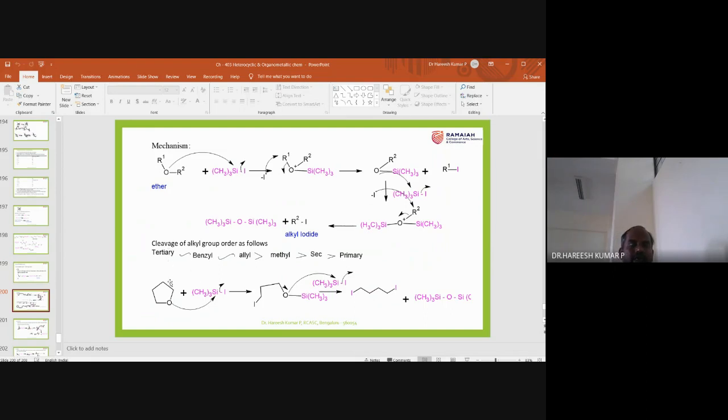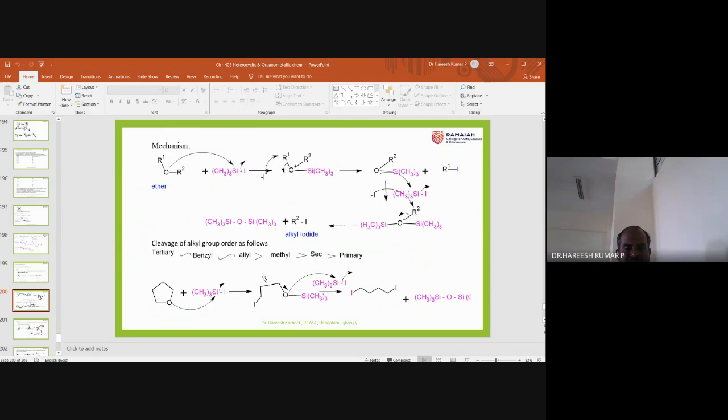Here I am talking about the order. The tertiary group takes the priority in the cleavage. That means if R1 is the tertiary group, that will go out as a tertiary iodide. If R1 is a benzyl group, that will also go out as an alkyl halide. If R1 is an allyl group, that will also go out as an allyl halide.